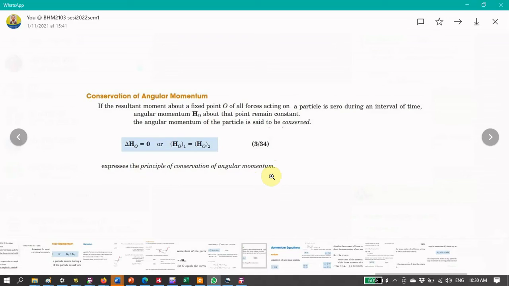This only applies when we find that the total angular impulse is equal to 0.